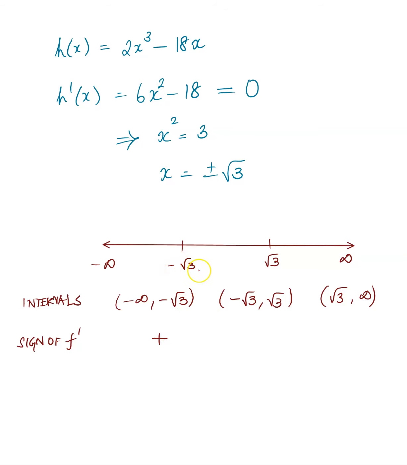Root 3 is, I think, 1.732, so go ahead and choose a value based on that. Okay, that's positive, negative, and positive. The behavior of h, not h prime, would be increasing, decreasing, increasing.